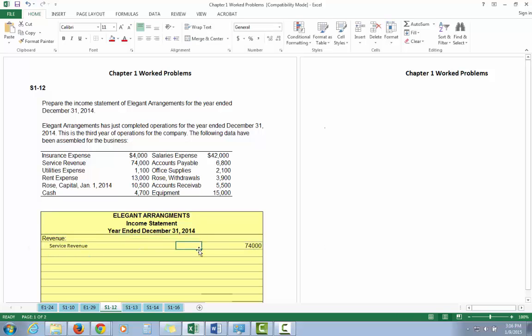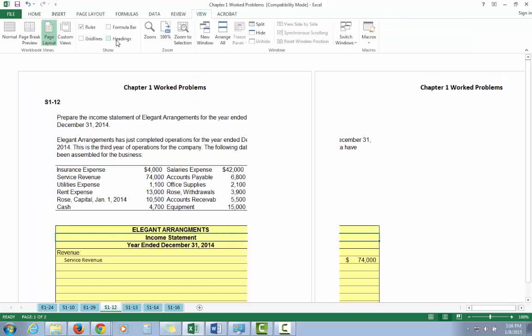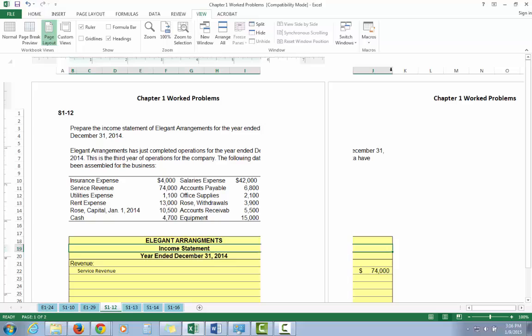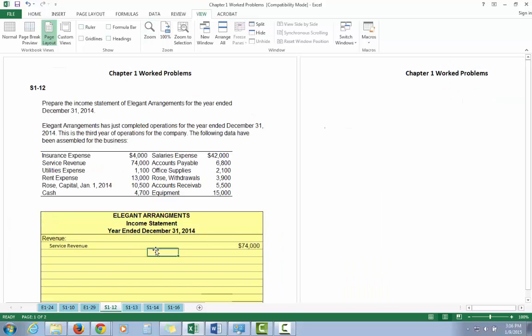So service revenue is $74,000. So there's our revenue. If we had other revenue items, we don't see any here. They would be listed here as well.